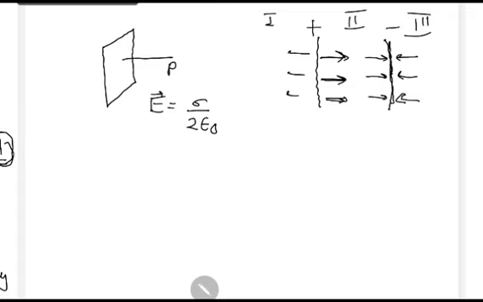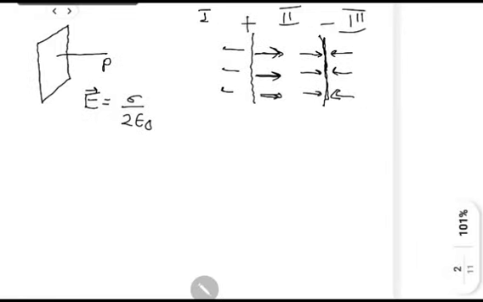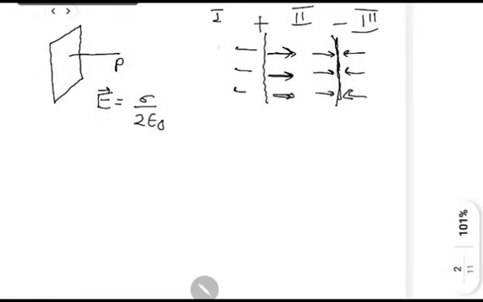Now for the first region, we can see that the electric field due to the positive charge is away from the plate, meaning E plus is in this direction, and the electric field due to the negative plate is towards the negative plate.